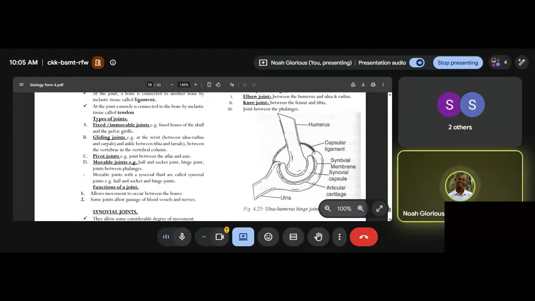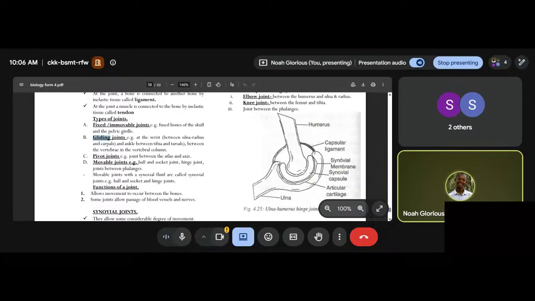We also talked about the pelvic girdle, that is the sacrum. We said the bones are completely fused together. So that is where we also find an immovable joint. Gliding joint, another example. To glide means to move on top of each other.